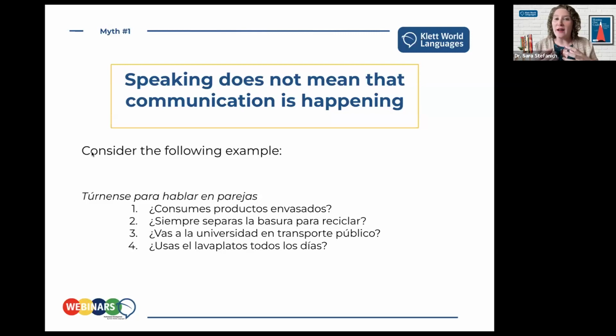If they've caught on that a successful way to answer a yes/no question in Spanish is to say yes and then change the form of the verb from second person to first person, they've successfully answered this question, but they have no idea what they said. And maybe their partner doesn't even know what they said or even what they were asking. So in terms of negotiating and interpreting meaning, that is not really happening there.